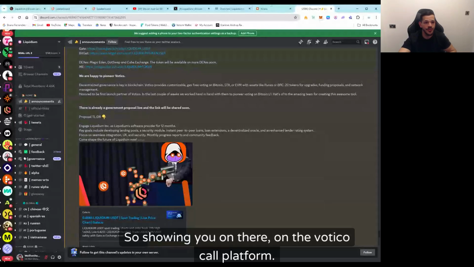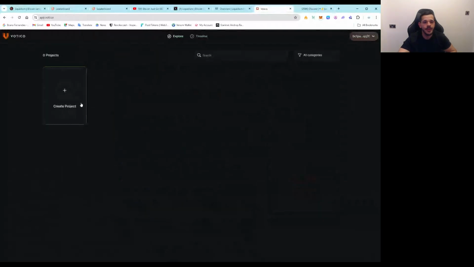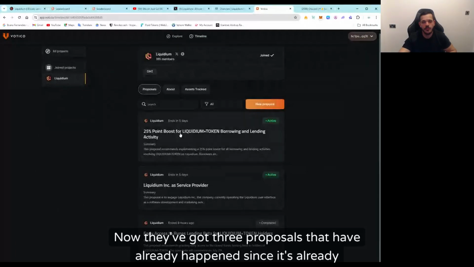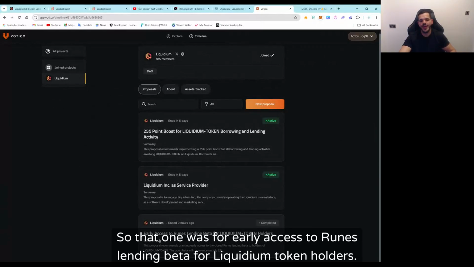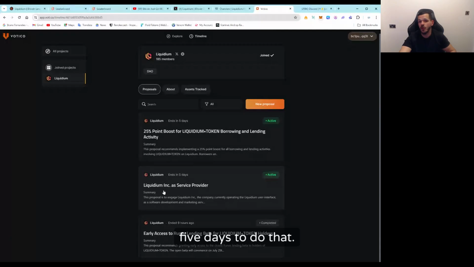So showing you on the Votico platform, you have to be a member. They've got 3 proposals that have already happened since it launched. The first one's completed. That one was for early access to Runes lending beta for Liquidium token holders. The 2 active ones that are happening right this moment in time, you've only got 5 days to vote on.